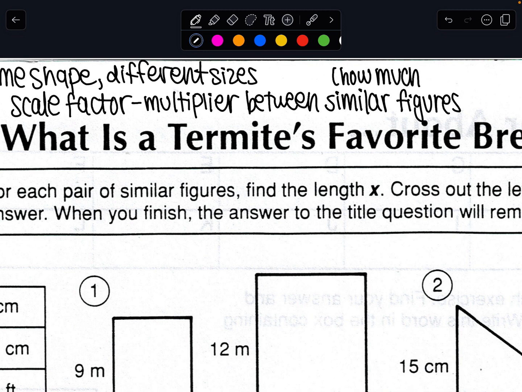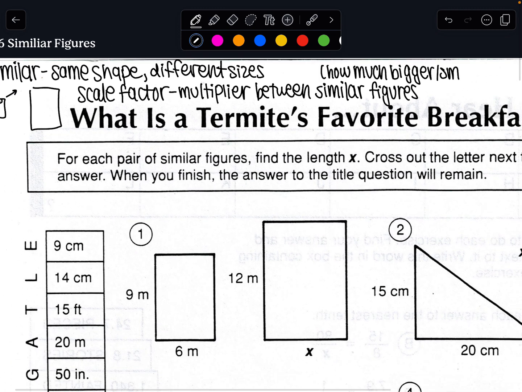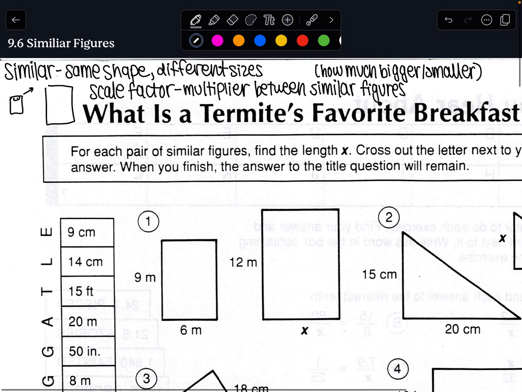How much bigger or smaller. I want to make sure you can see all this writing that I put down. Yeah, so our two little words that are super important in this section is similar and scale factor.